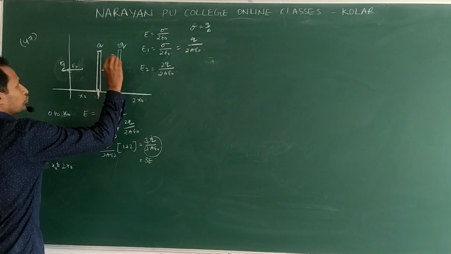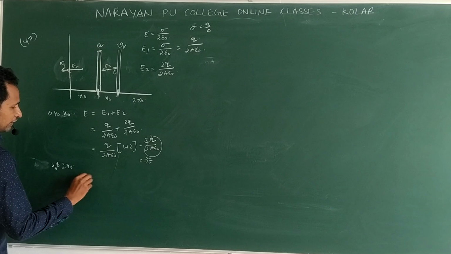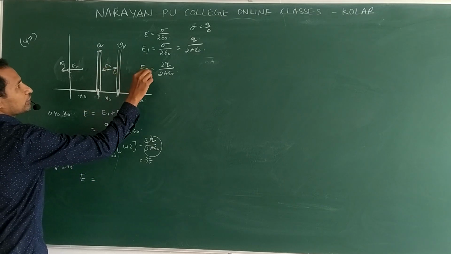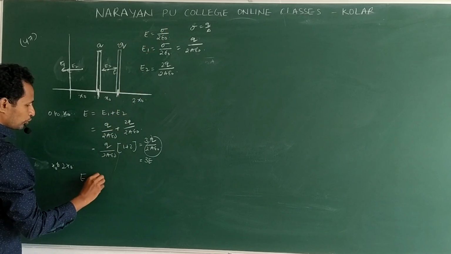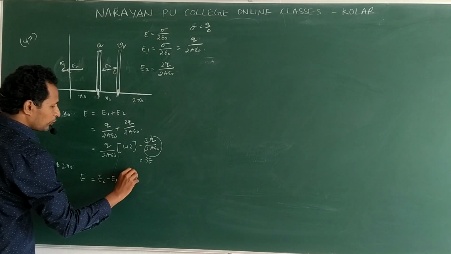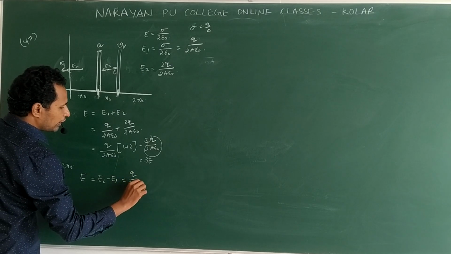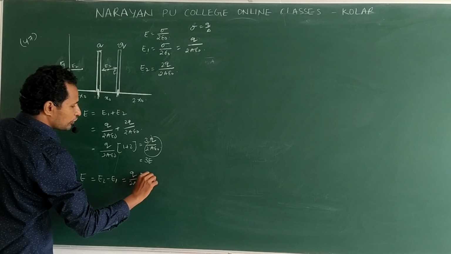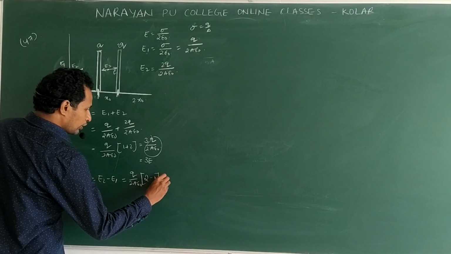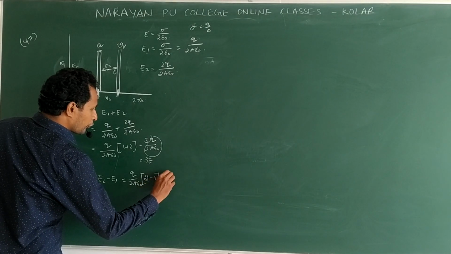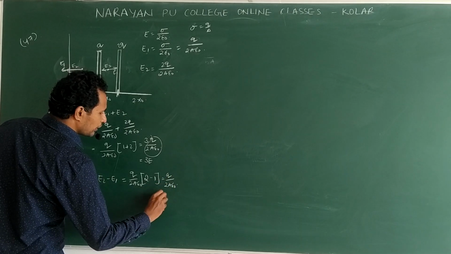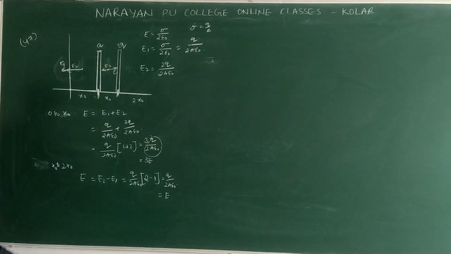Now the net field in this region: E2 is dominant because E2 is 2 times E1. So E2 minus E1, again Q by 2A epsilon naught common, this is 2 minus 1, which will be Q by 2A epsilon naught. Simply write this as E.